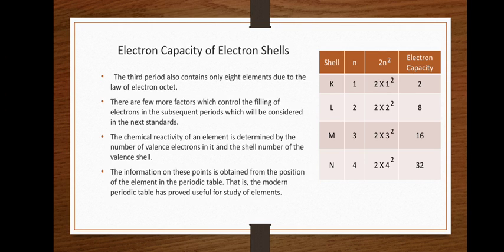Okay, so the number of valence electrons will determine all these things. The information on these points is obtained from the position of the element in the periodic table, and that is how you can come to know what is its electron shell, what is its valence shell number, how many valence electrons are there. Followed?